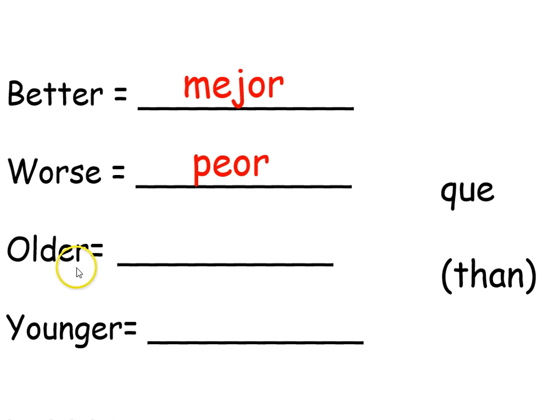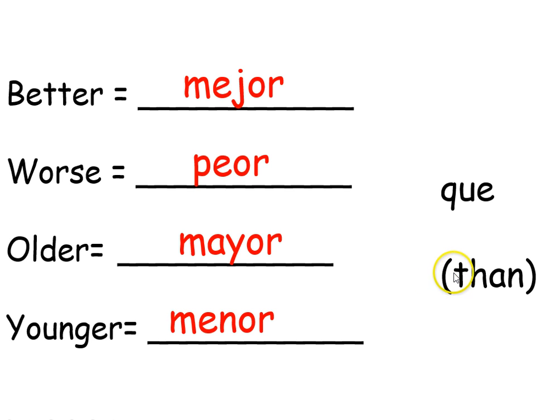Older is another one that is irregular. It's regular in English, but it's irregular in Spanish. Mayor que. And younger is menor que. Peor, to give you some tricks as to how to remember these. Peor is kind of like pew. It sounds worse. Peor.